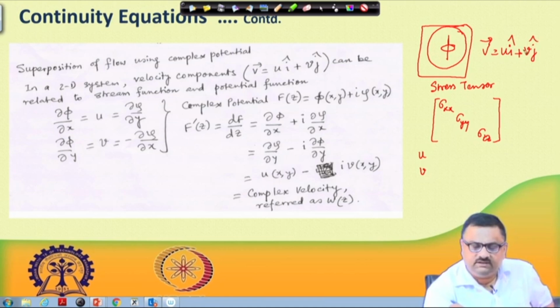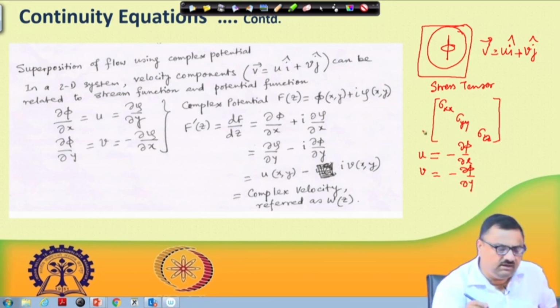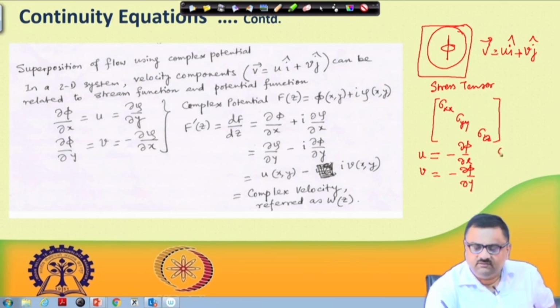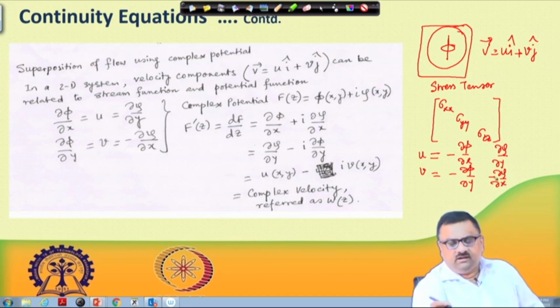So, this velocity u and v, they prefer to write these as u as minus del phi del x and v as minus del phi del y. What was u? You remember, u was del psi del y and v was minus del psi del x. So, you can see the difference between psi and phi.